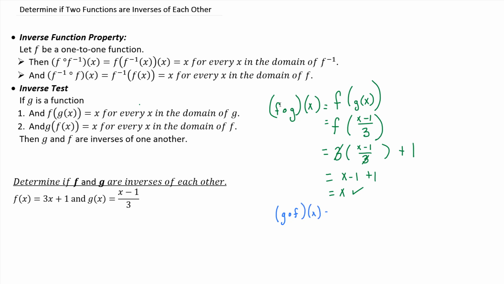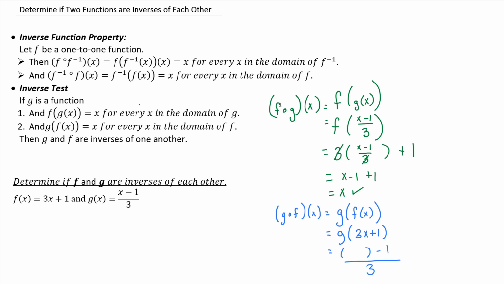So this is just the outside function g evaluated at the inside function f of x. So you have g evaluated at f of x, but f of x is 3x plus 1. So you use the skeleton of your outside function g, which says I need x minus 1 over 3.